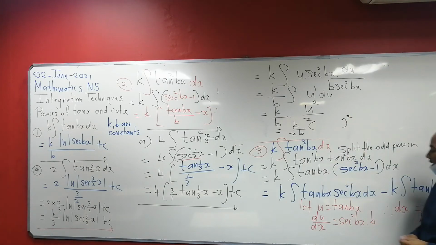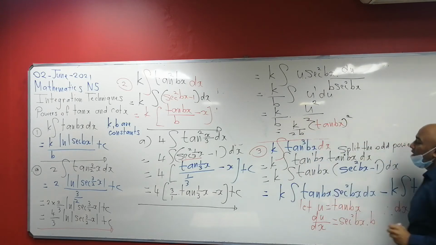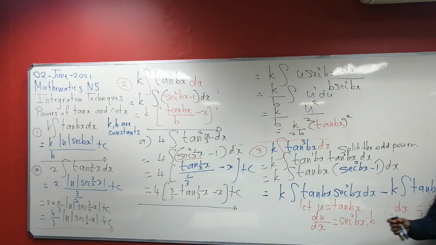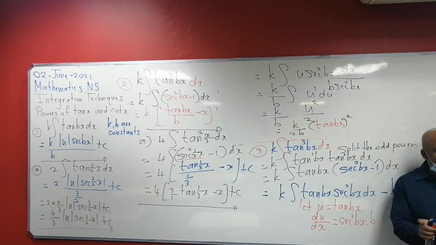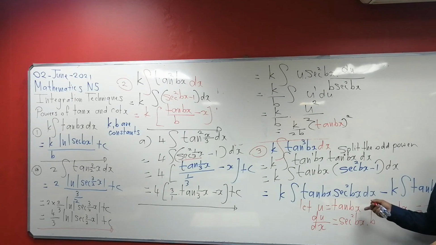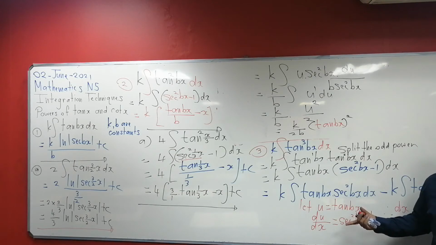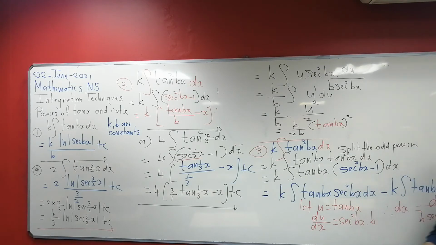U was tan, so that is tan bx. So that is just term 1. Term 1 involved exact derivatives. So you can see you must know your derivatives. If you don't know the derivatives, there's no way you can make it in N5. Because you can see we're doing integration, but 70% of the knowledge required involves differentiation. Even 90% of the problem, I would say, involves differentiation.